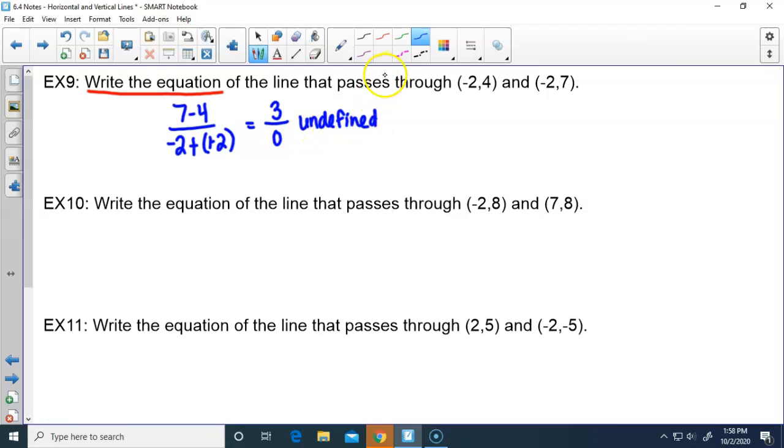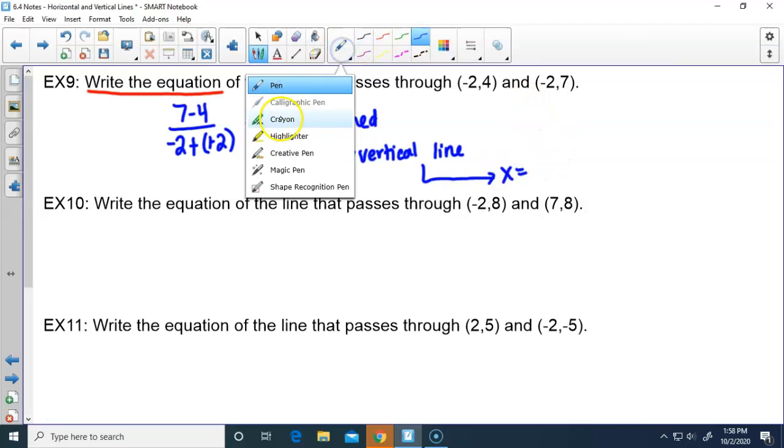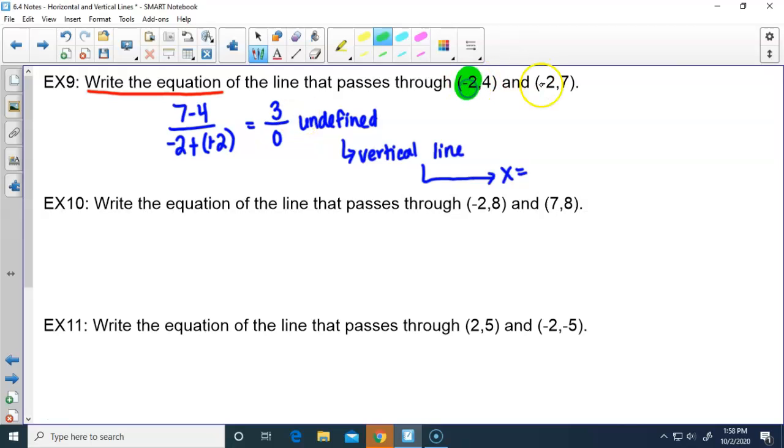If we have undefined slope, that means vertical line, which means that we have x equals a number. And if you look at your coordinates here, your x coordinates are equal to each other. They're both -2, so the equation of this line has to be x equals -2.